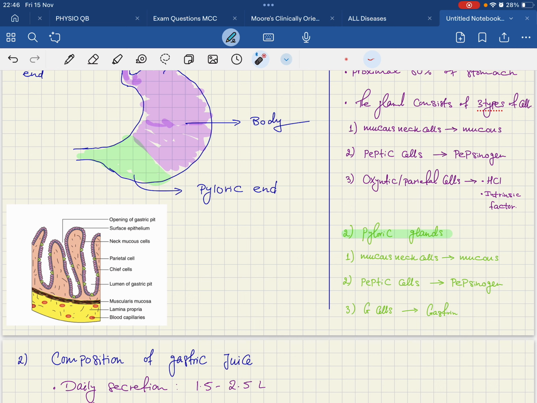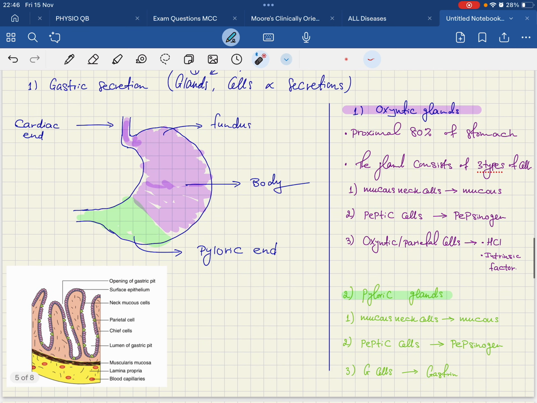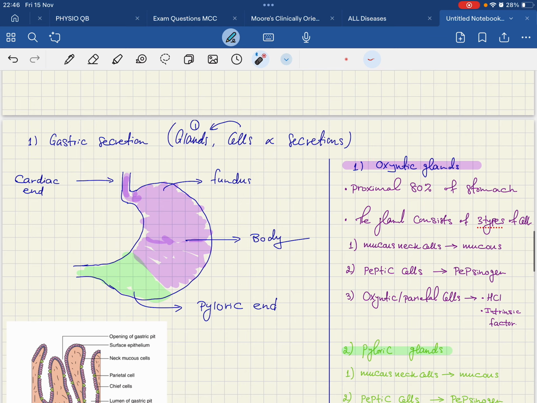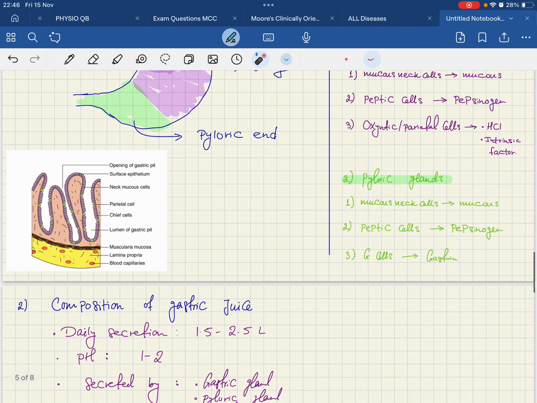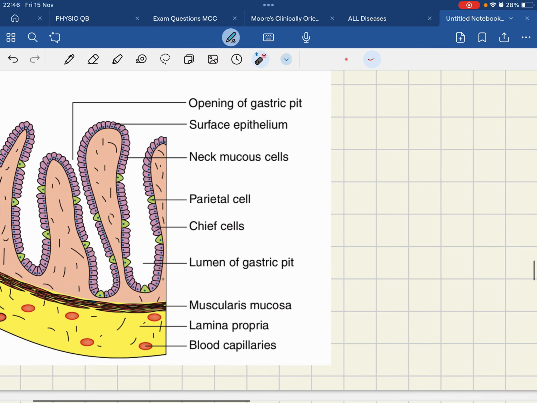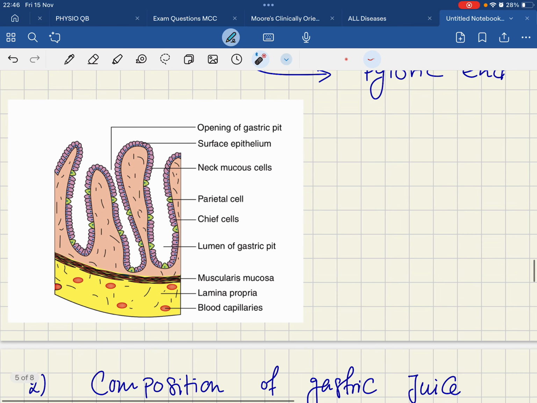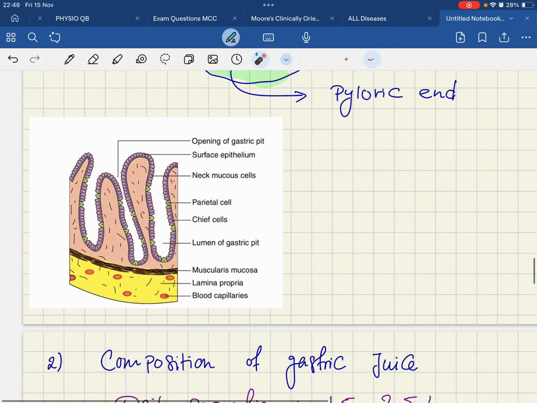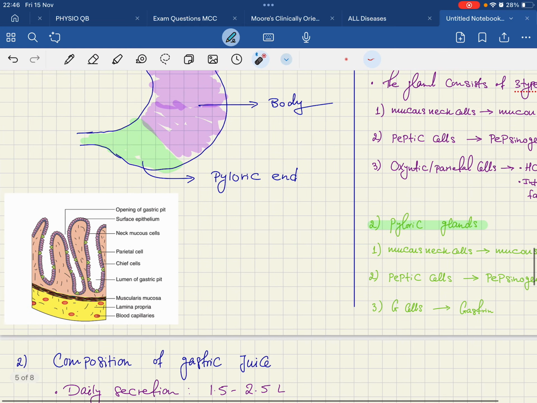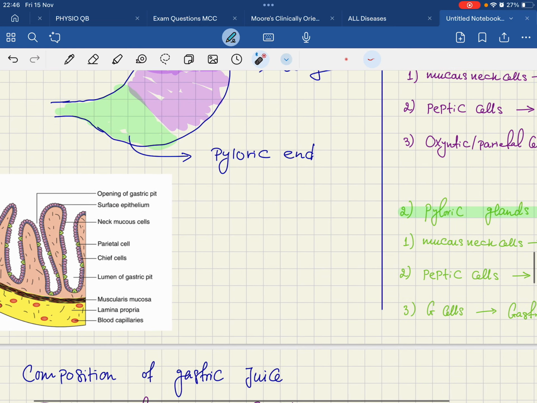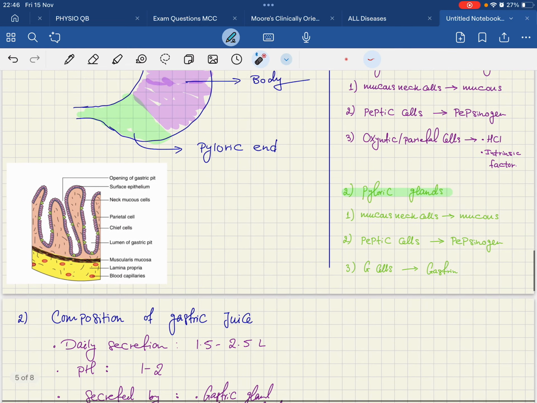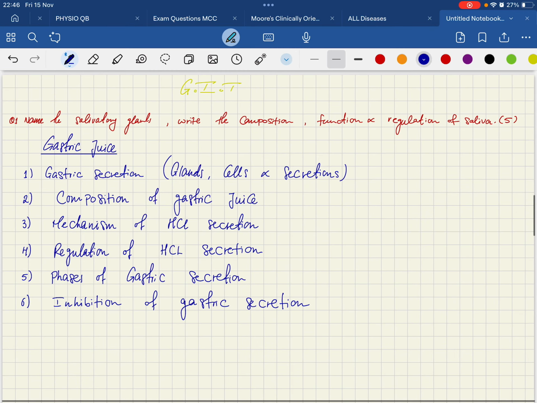In comparison, the oxyntic gland has parietal cells which secrete HCl. So that's it for the glands and cells. Here you'll see a histological view of the stomach. Here in green you'll see the parietal cells, you'll see the neck mucus cells, and then chief cells and all.